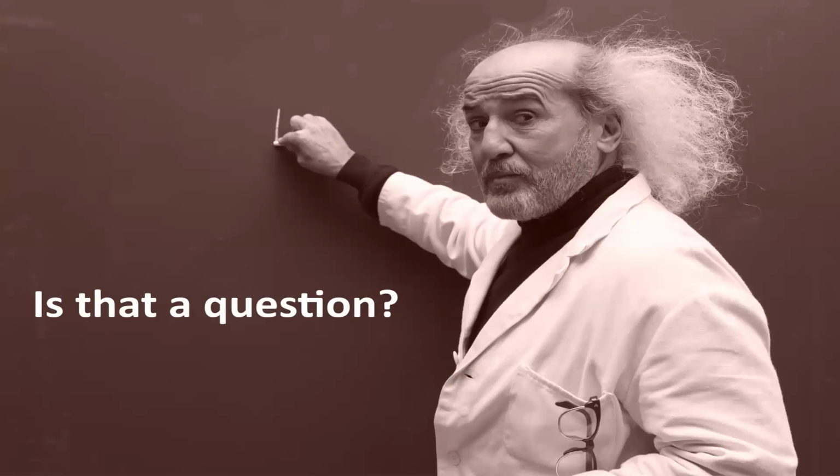Okay, I've got some questions here. Let's see if we can answer a few. Can that gateway data source be OneDrive? I think you're misunderstanding. The gateway doesn't have anything to do with OneDrive.